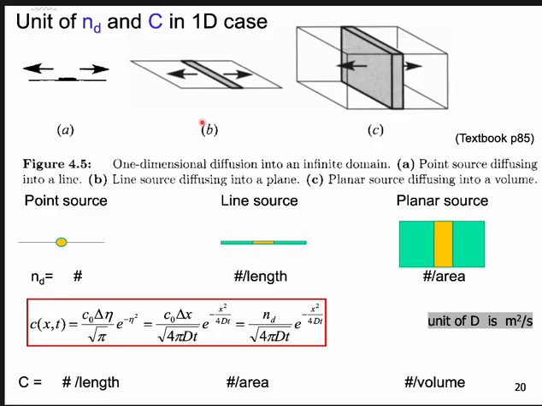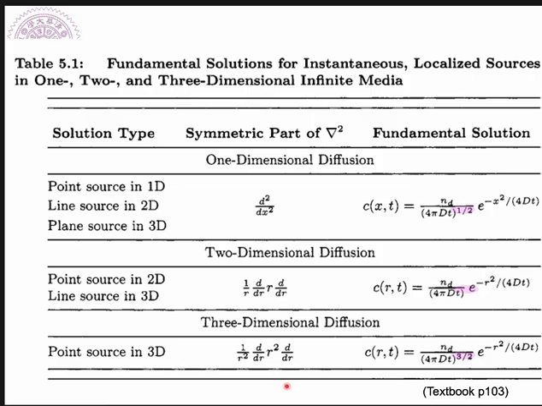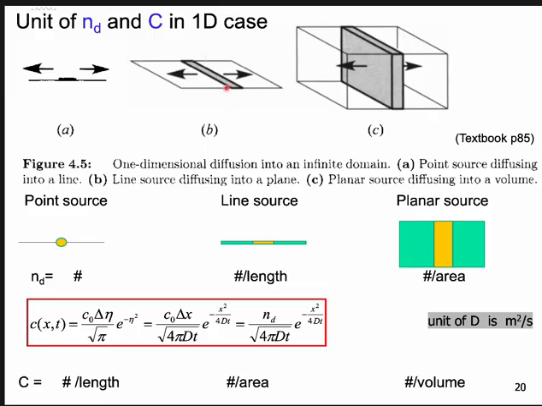So what's the two-dimensional case? We call it a line source in two dimensions. For example, you have a line source here and allow it to diffuse on a sheet, for example carbon, graphene, or some narrow sheet. So you have a line source, and you try to plot the concentration profile for this line source.